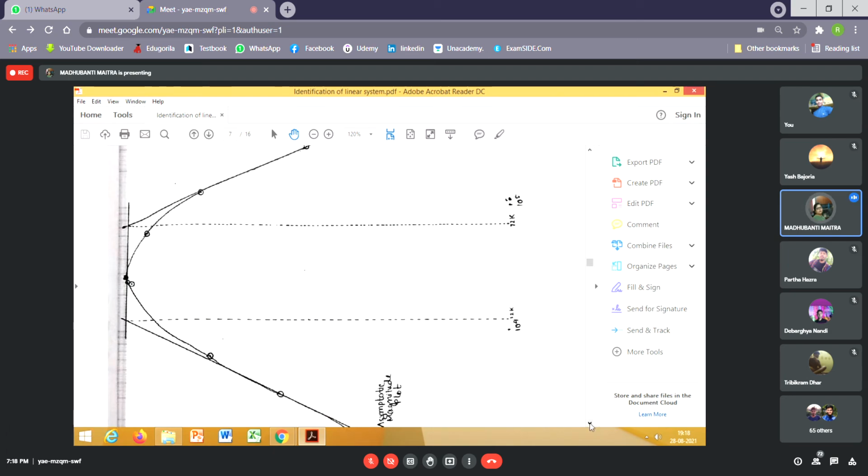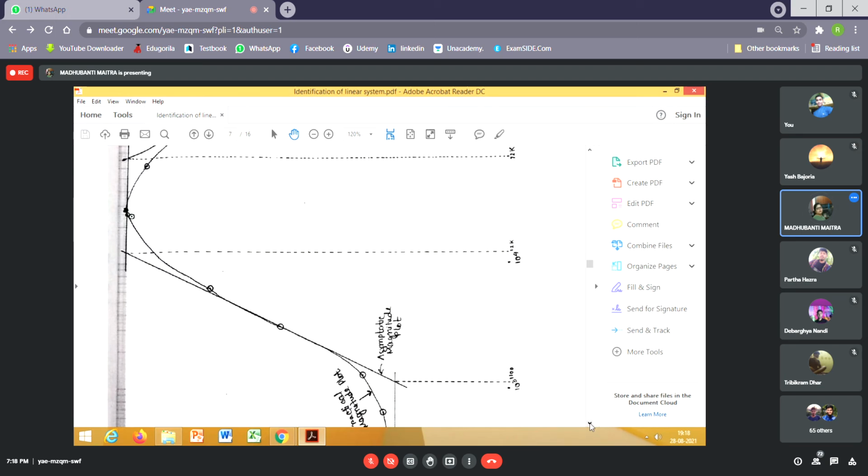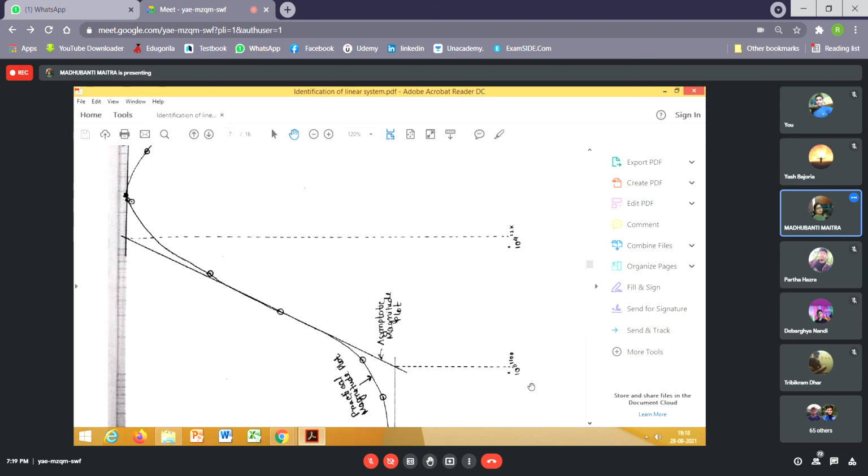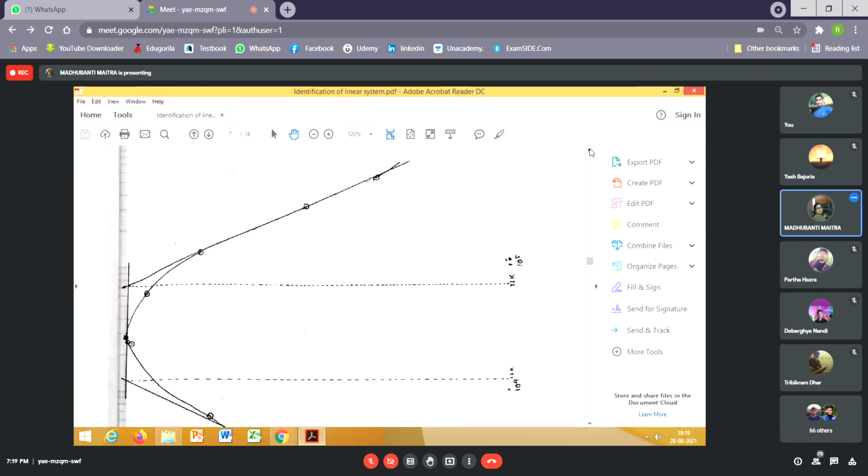That's why it is called semi-log graph paper. In the x-axis, we plot the frequencies, and here you plot the dB gain. So this plot is called the magnitude versus frequency plot. Hope you'll get semi-log graph papers.